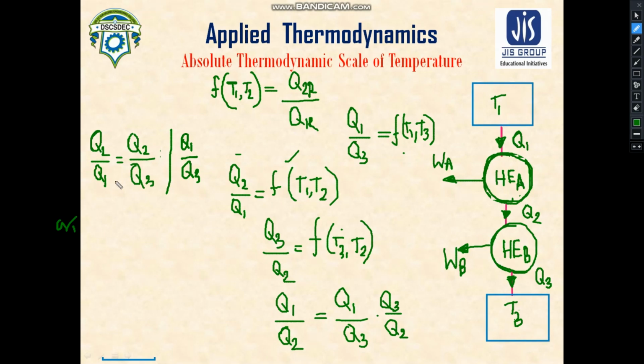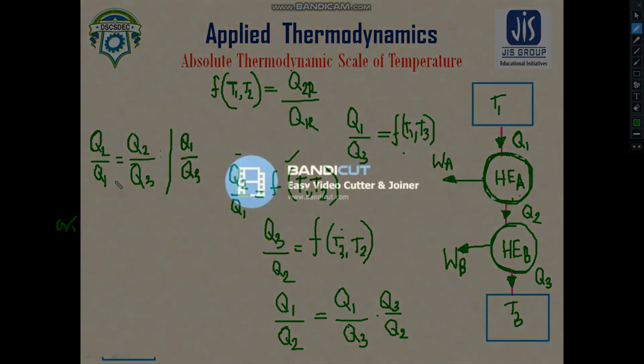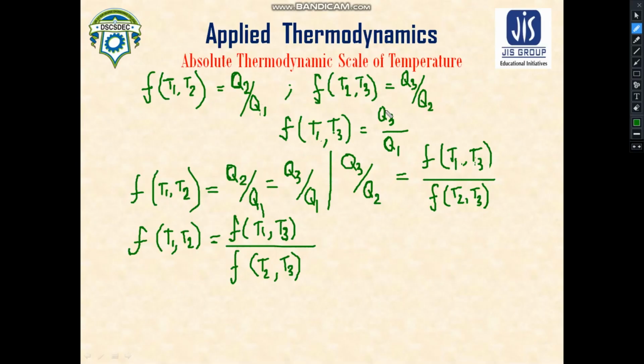Okay, so Q3 and Q1. Now we are willing to find a relationship between these three separate functions. Okay, this function, this one, and this one.